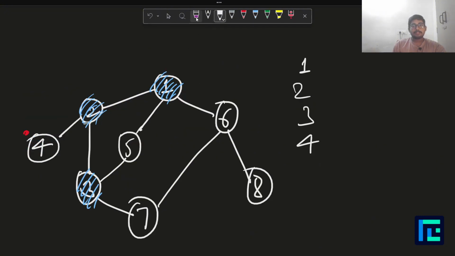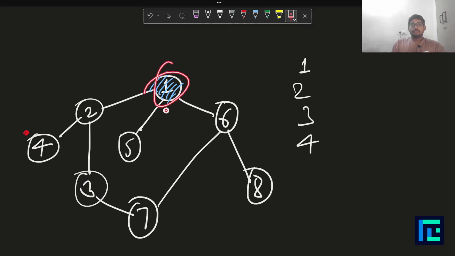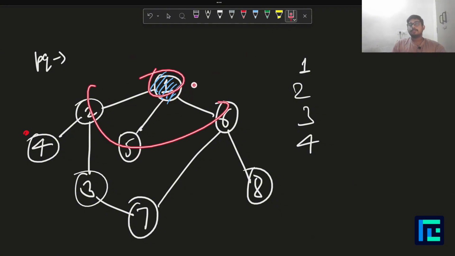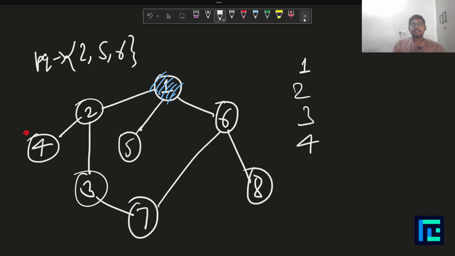Let's say you start with node number 1, so you would always start with node number 1. Then in a priority queue, you store all the nodes adjacent to node 1, which are 2, 5, 6.